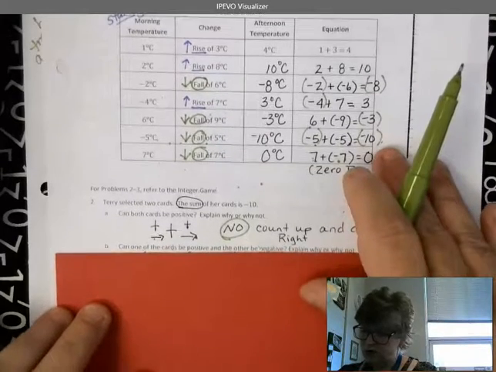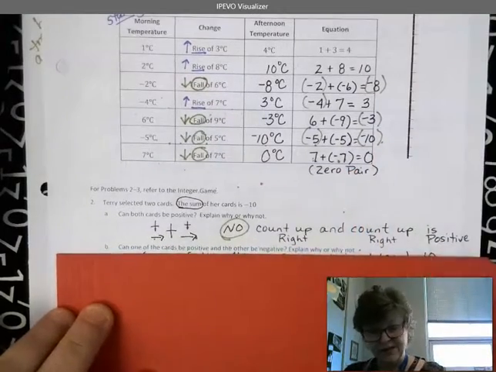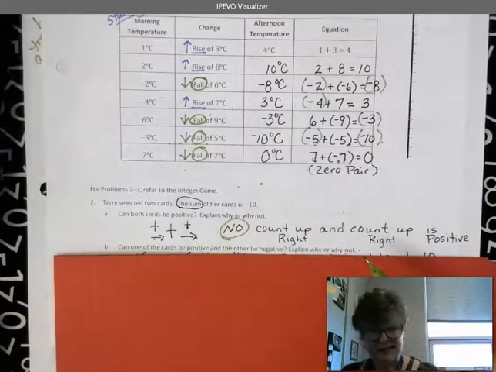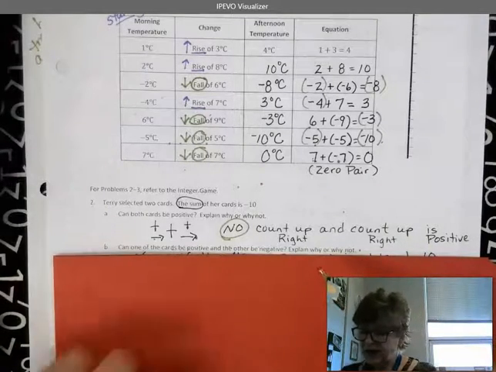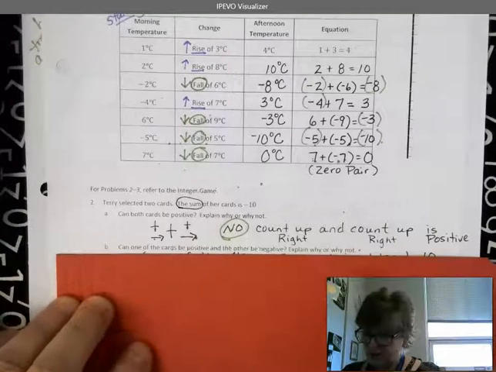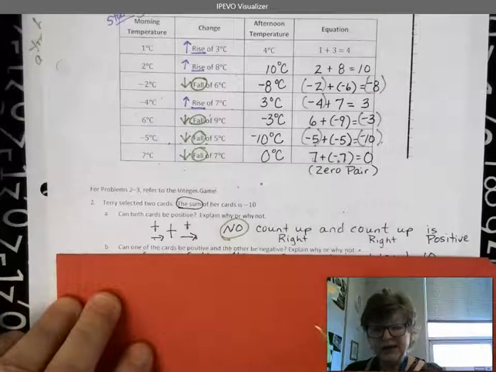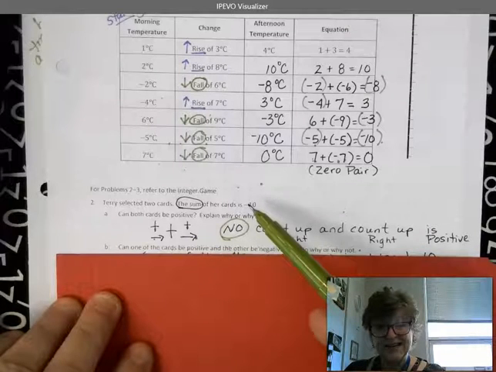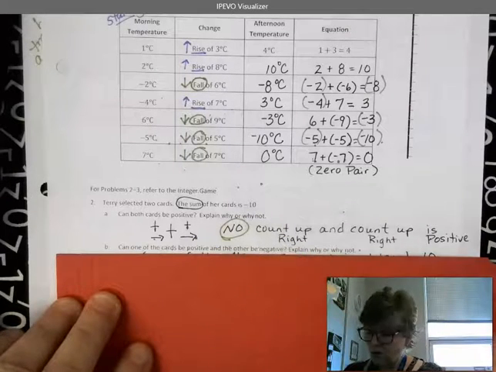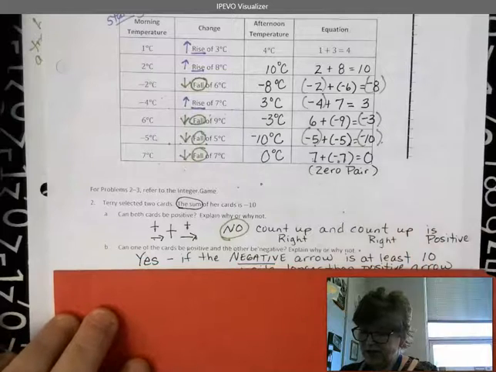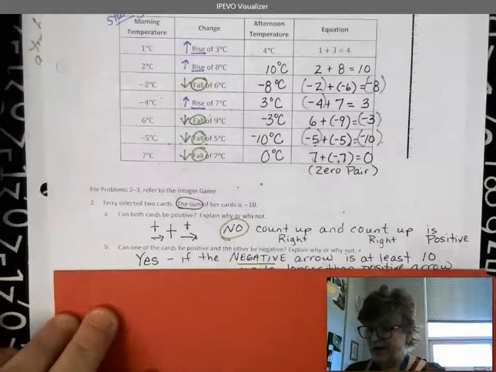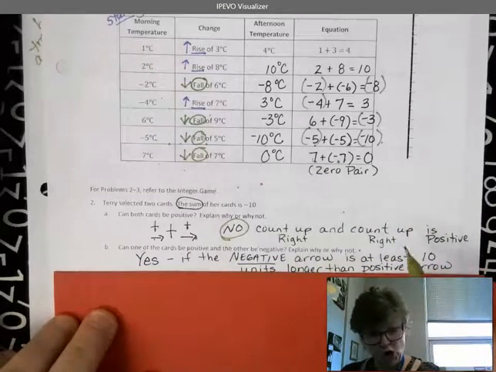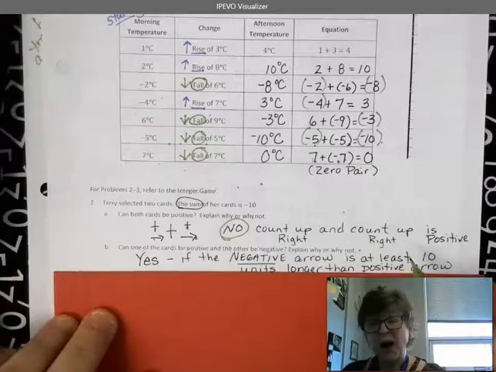Can one of the cards be positive and the other negative? Sometimes you have to just test this and see. And the answer is actually yes. So when can you get a positive and a negative that has a negative answer? Well, in this situation, if the negative arrow is 10 units longer than the positive.